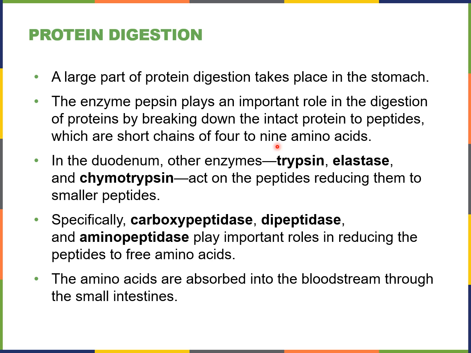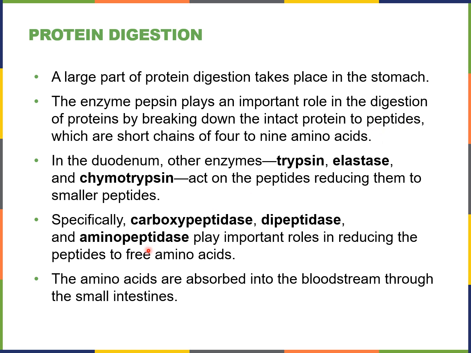So now we're getting to the heart of what a protein is. A protein is just a bunch of amino acids linked together, right? So we're breaking it down into smaller chunks of amino acids. Once we get into the small intestine, and specifically into the duodenum, we have other enzymes coming from our pancreas, like trypsin, elastase, and chymotrypsin. Those are acting on these peptides that we just broke down, and they're reducing them to even smaller peptides.